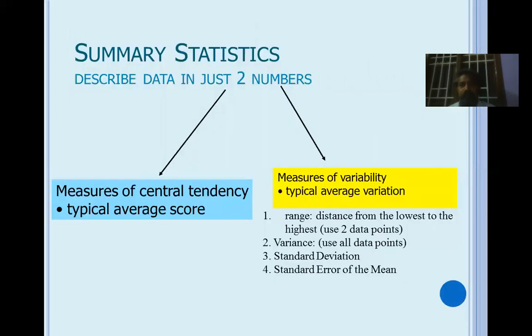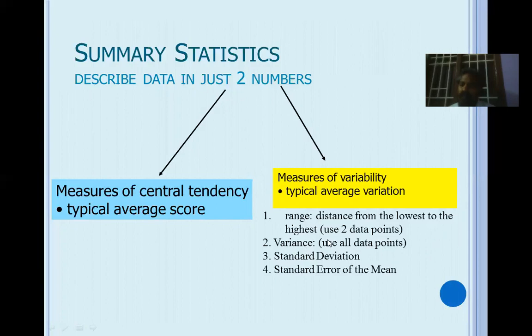Fine. Then comes measures of variability, where we talk about the variation, to what extent a particular variable is away from its mean. You can either have a range. You take the highest value and the lowest value, and you find the difference; that is the range. You find out the variance. Variance means to what extent your observed value is different from the mean value.